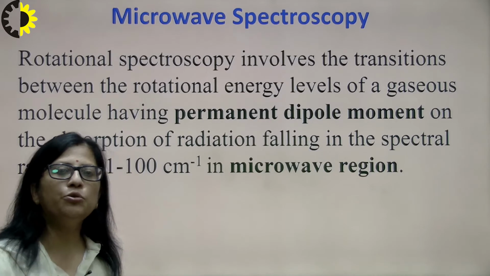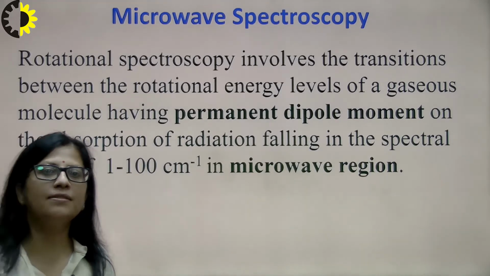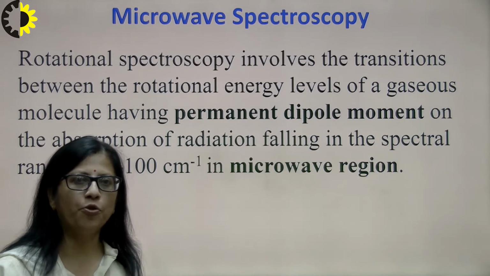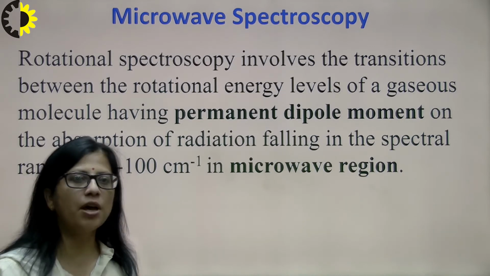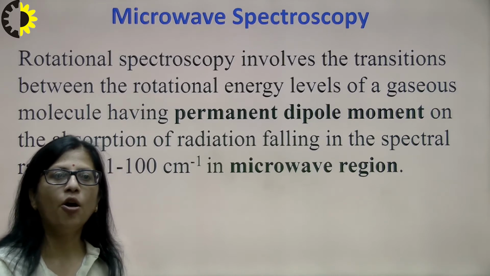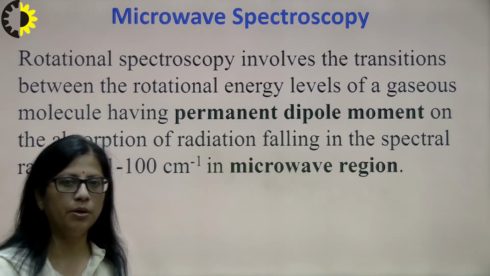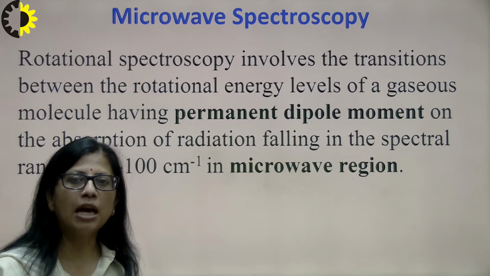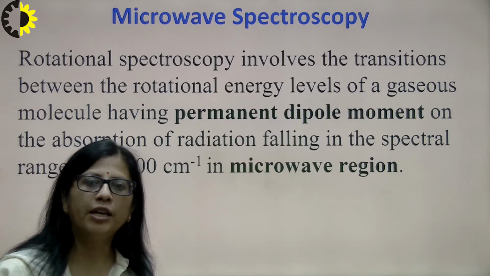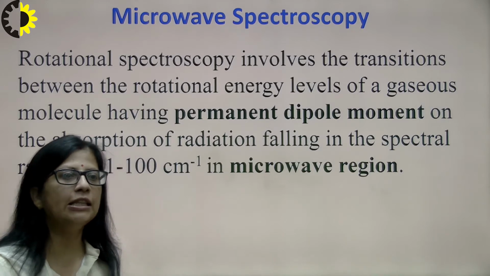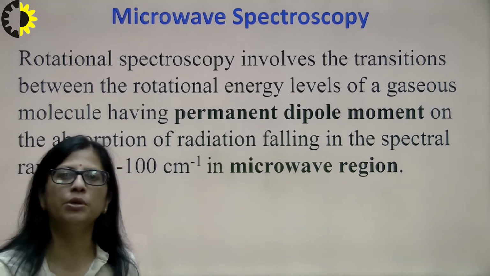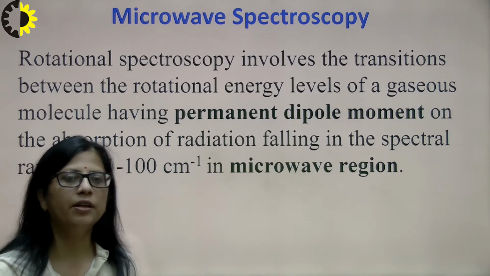Now, coming to microwave spectroscopy, what exactly it is. This rotational spectroscopy involves the transition between the rotational energy levels of a gaseous molecule having permanent dipole moment on the absorption of radiation which is falling in the spectral range from 1 to 100 centimeter inverse in the microwave region.